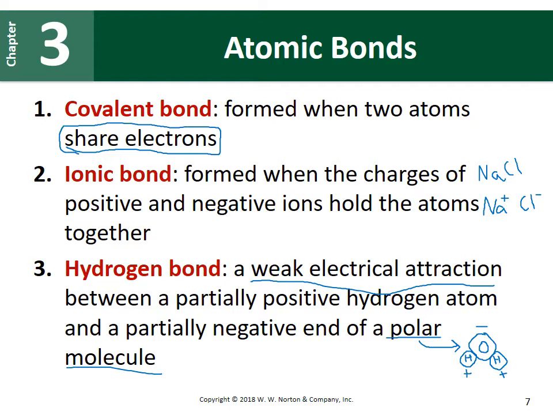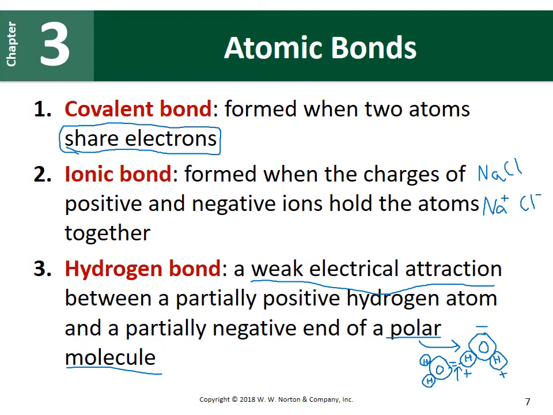So what happens is if you have a water molecule and then you put in a second water molecule, the negative oxygen end will be attracted to the positive hydrogen end. And this hydrogen bond is represented with a dotted line right here. So those are hydrogen bonds.